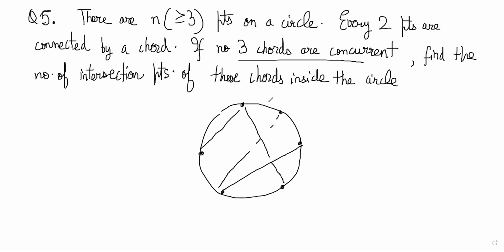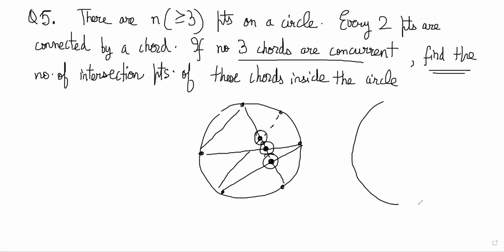You have to find the number of intersection points. So for example, this intersection point is inside the circle. This intersection point is also inside the circle. You have to count such intersection points. Okay. So that is the question ultimately. Count all the possible intersection points. This is also an intersection point that is inside the circle and so on.